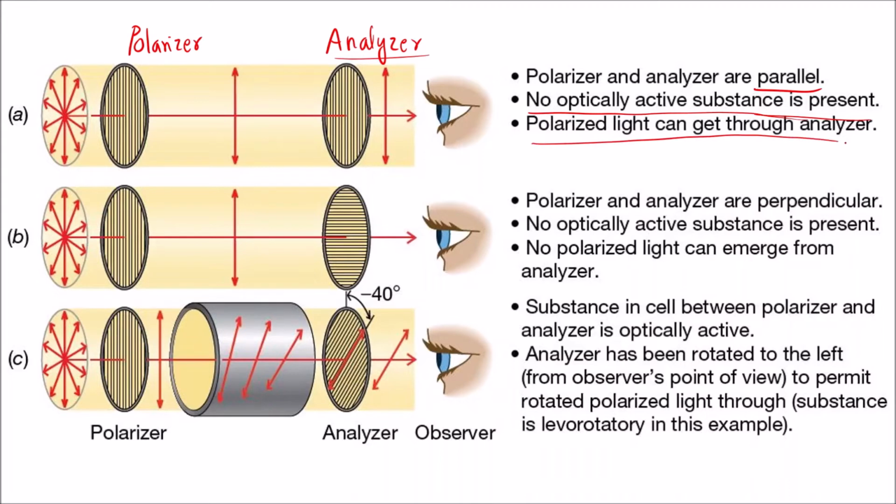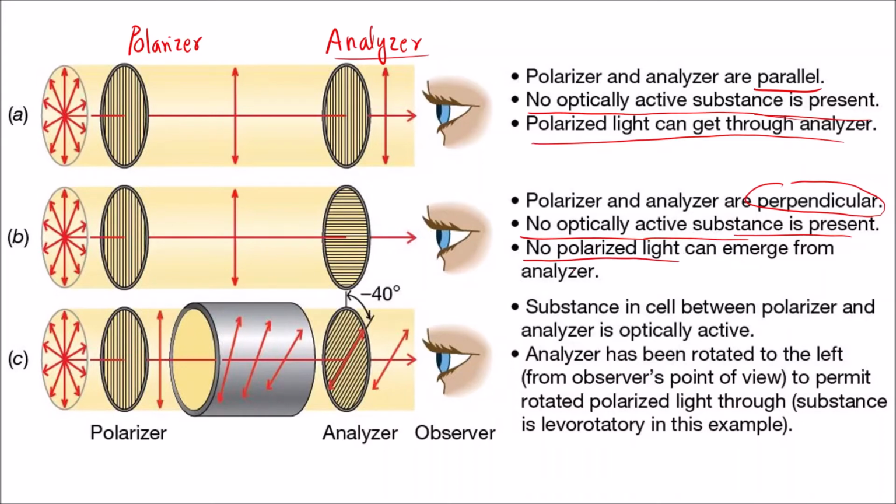Now let us see what will happen if the polarizer and analyzer are perpendicular to each other. If they are perpendicular to each other, it indicates that there is no optically active substance present.